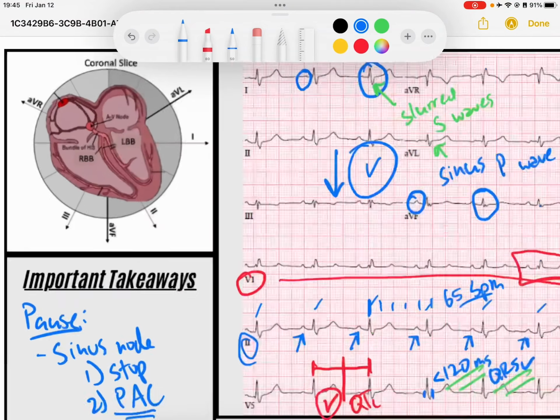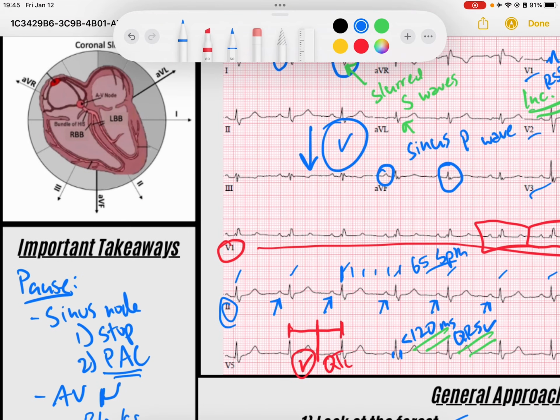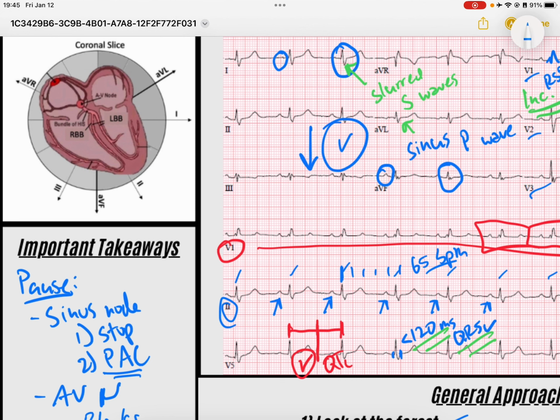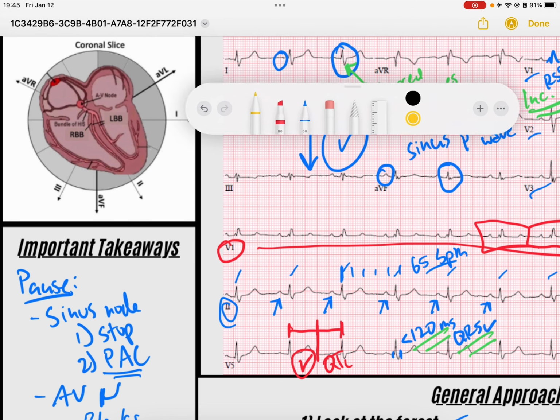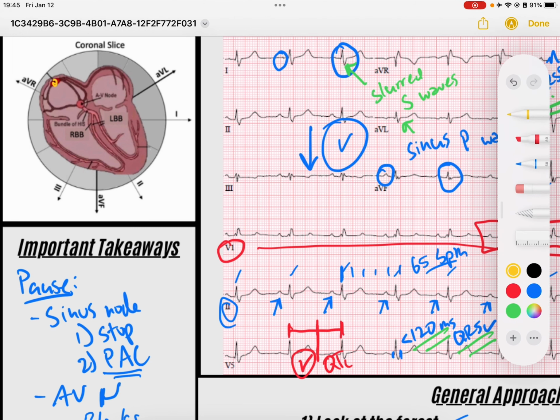Right, so if we come up here to our heart and think it through, what that looks like here in the top left of our screen, our sinus node is going to beat normally. It's going to depolarize the atria. The AV node is going to capture that signal and send it down into the ventricles to get ventricular depolarization. And while some of the AV node is refractory, we get this early premature atrial contraction from somewhere else in the atria.